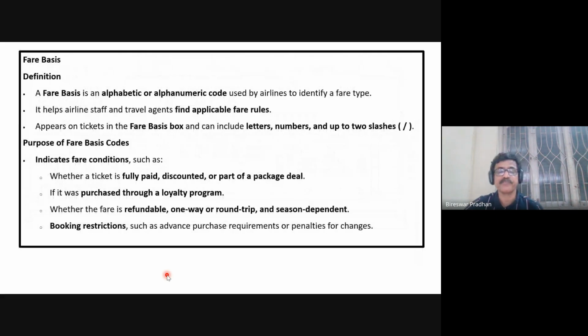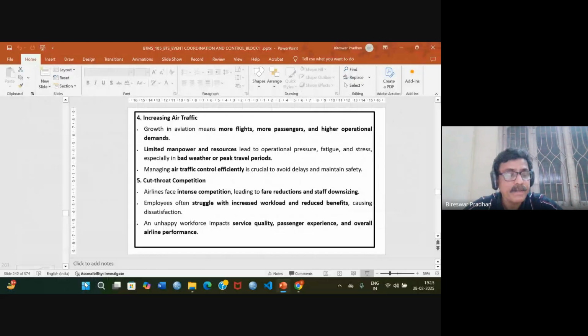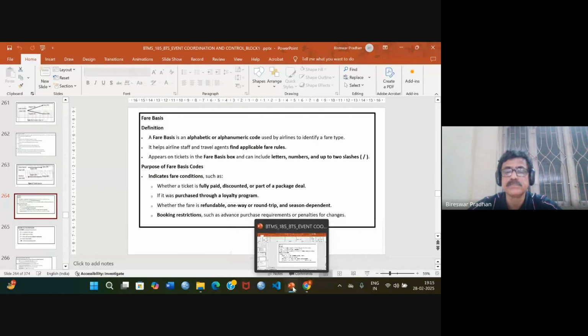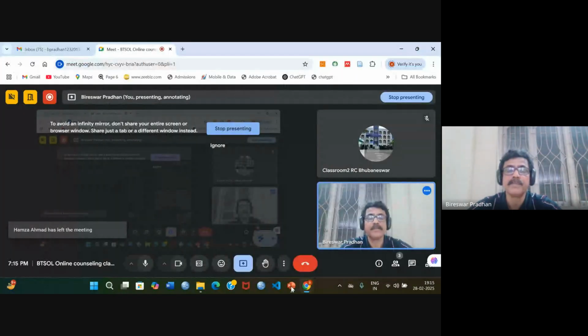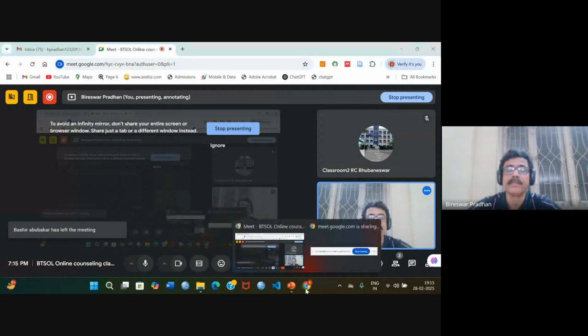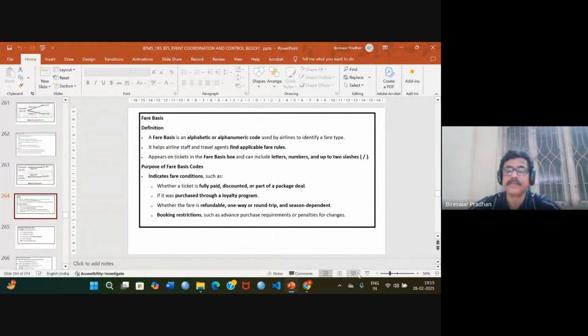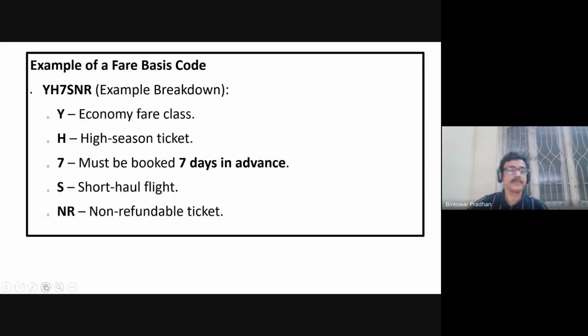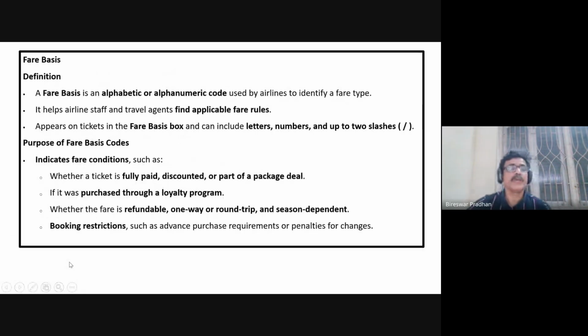Now fare basis. What is the fare basis? A fare basis is an alphabetic and numeric code used by the airlines to identify a fare type.